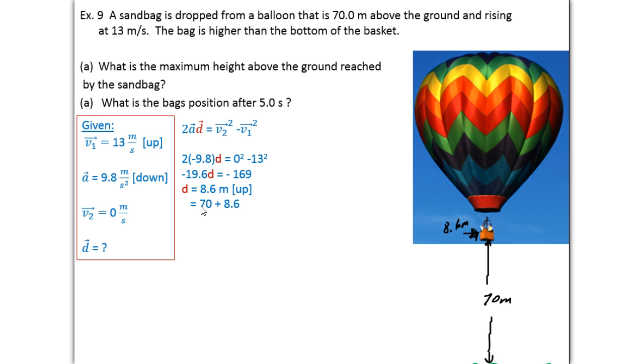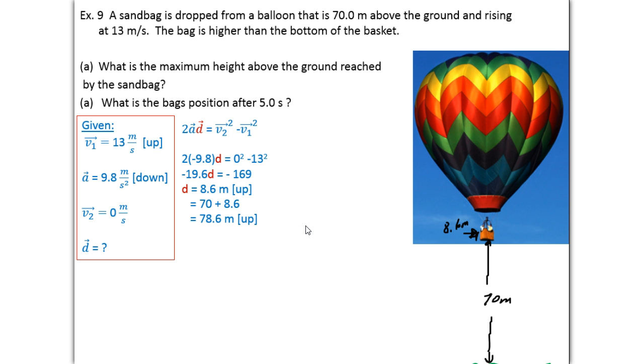So that's going to give a total height for the sandbag. It was already at 70 meters, plus 8.6. So the sandbag, before it starts to fall, is 78.6 meters above the ground. Now the next part of the question, what's the bag's position after 5 seconds? Now this one's going to be a little trickier to figure out. You want to know, after 5 seconds, how far does the bag travel?